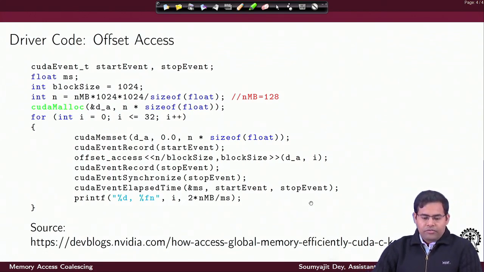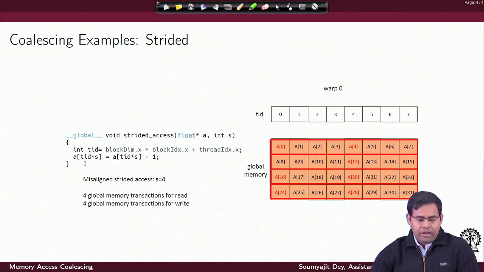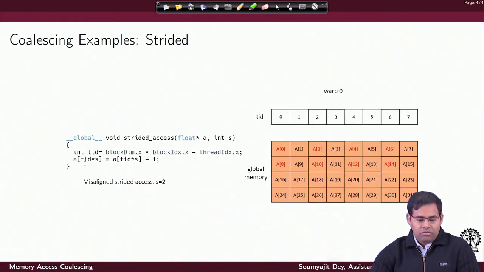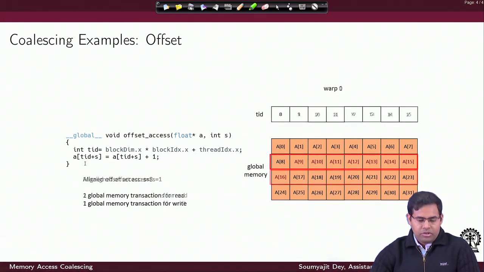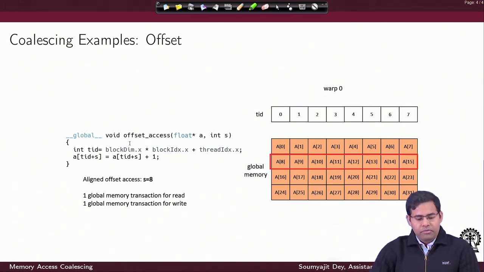So consider the offset access example program that we looked into earlier. Just to remember what it really was, let me walk back to that earlier program on offset access. So this was our program. We are running this small piece of code with an offset parameter s. All we want to do is check the execution time of this kernel on some specific GPU.